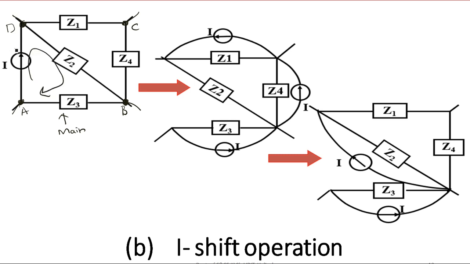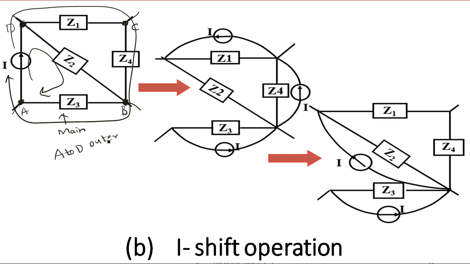Or if you follow the direction of the current, we can say the outer loop also can have this current. What is the direction here? The current is flowing from A to D in the outer loop.